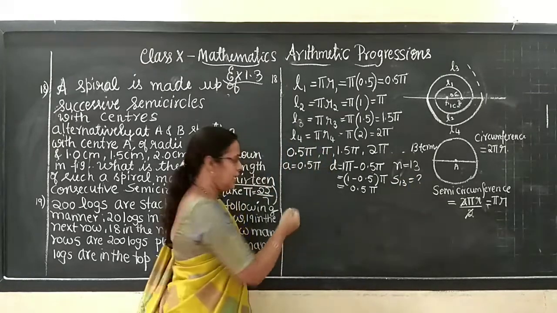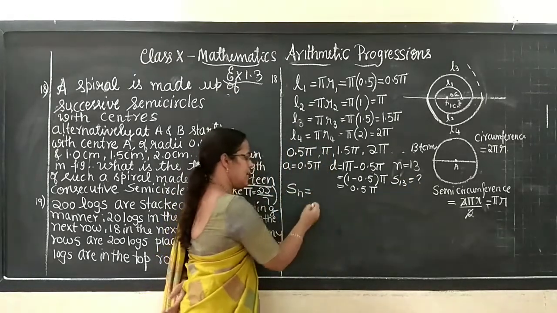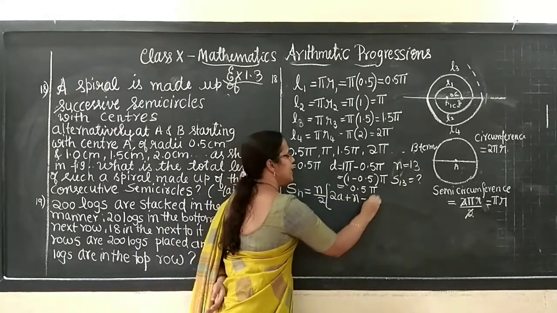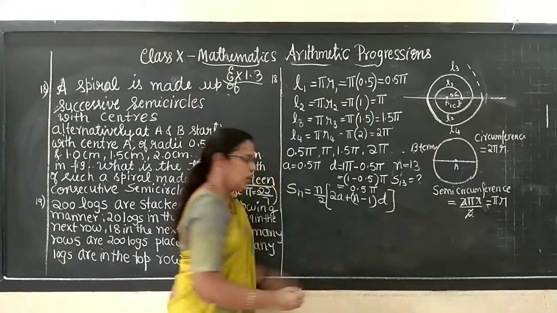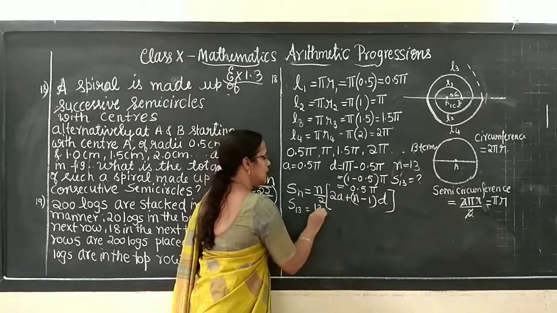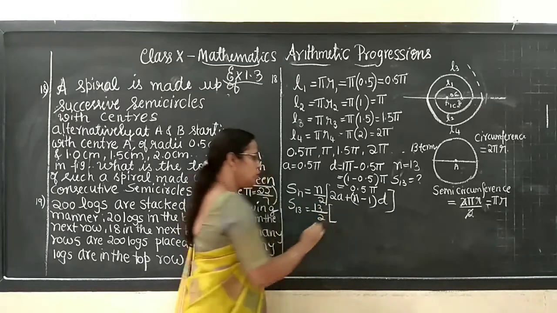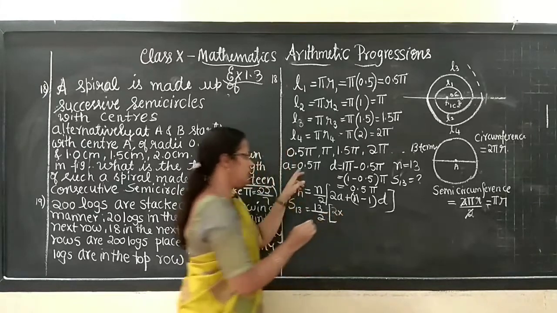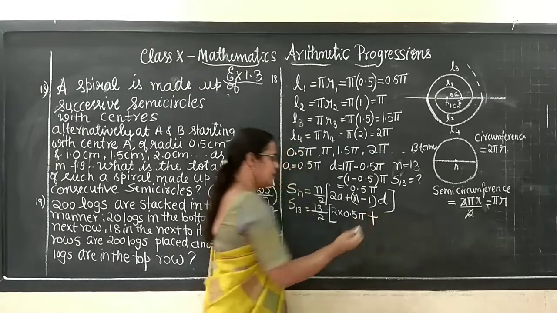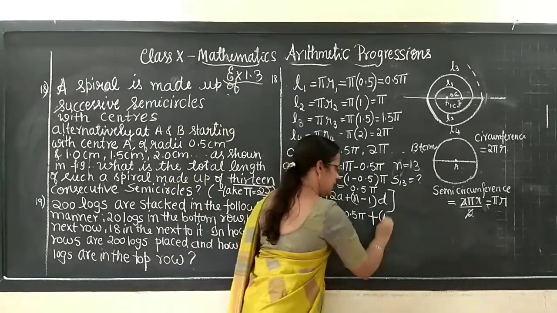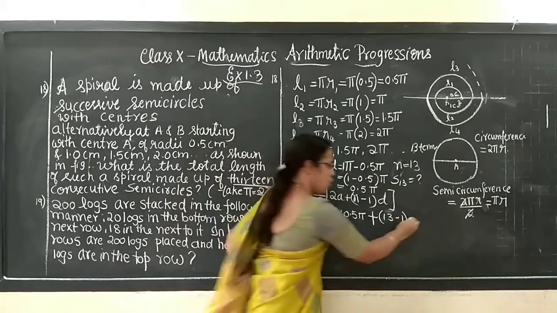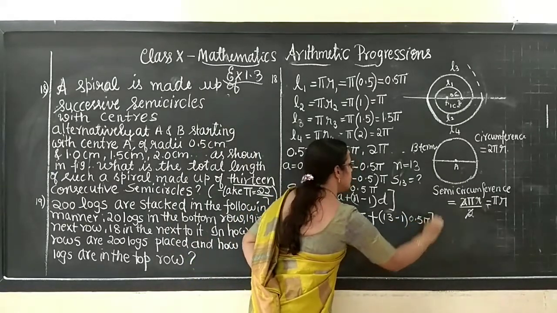What is the formula of S13? S13 means Sn. Sn is equal to n by 2 into (2a plus (n minus 1) into d). So S13 is equal to 13 by 2 into (2 into a, a is 0.5 pi, so 2 into 0.5 pi, plus (13 minus 1) into d, d is 0.5 pi).